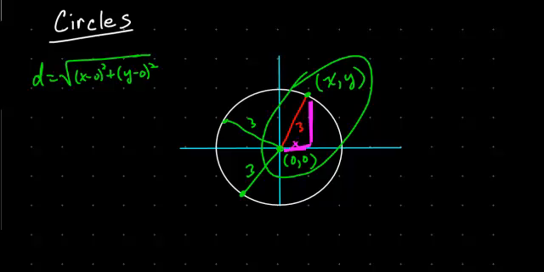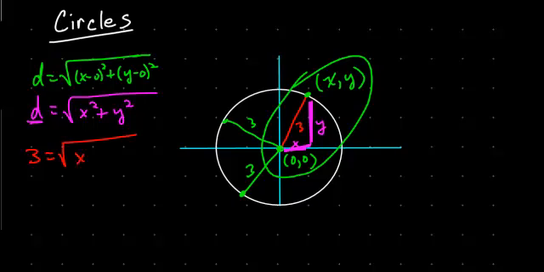That distance is x, that distance is y, and so the distance equals the square root of x squared plus y squared. But we know that because it's a circle of radius 3, that distance is actually 3. We know 3 equals the square root of x squared plus y squared.